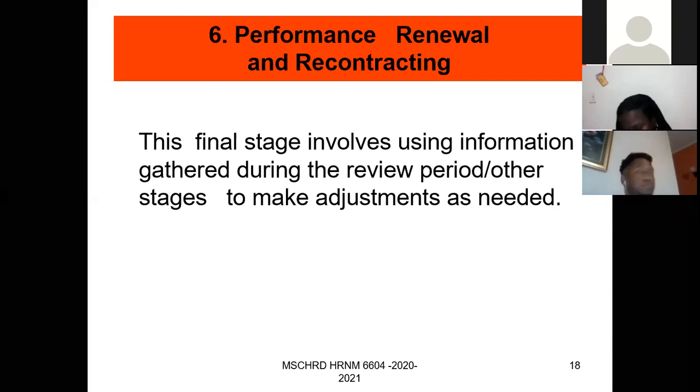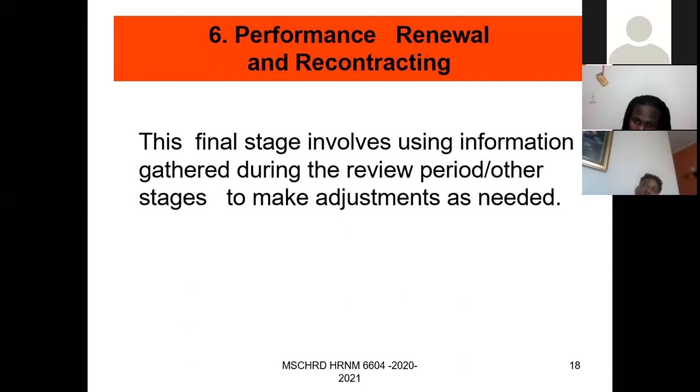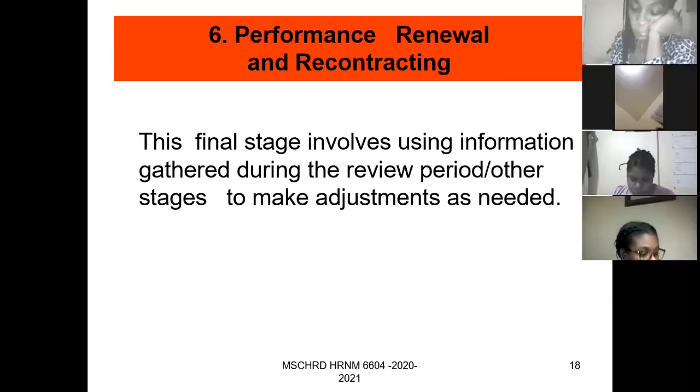It is almost the same stage as the stage that we refer to as performance planning. It's like you're going back to the beginning, but each time you have come to the end of an appraisal, especially the annual appraisal, it's important for you, the manager, the supervisor, to re-motivate the employee, to use the information that you gathered during the appraisal process to make adjustments to the goals and objectives, or adjustments to the standards, or adjustments to how you want to manage that employee.